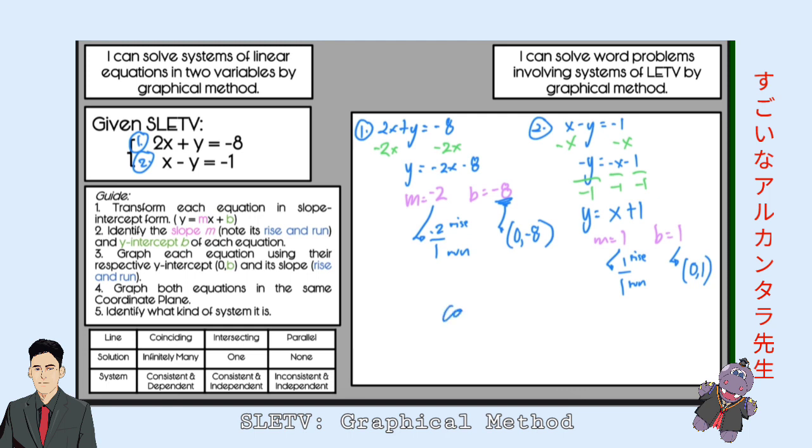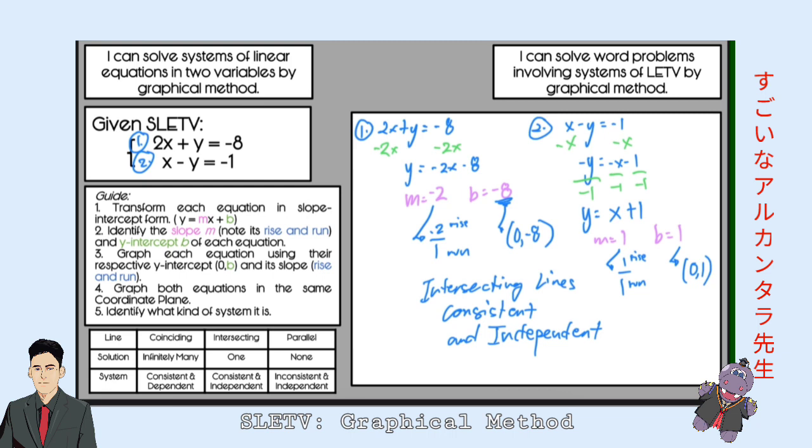So this is a consistent and independent system because we have intersecting lines. Just take note of them. Intersecting lines, consistent and independent.